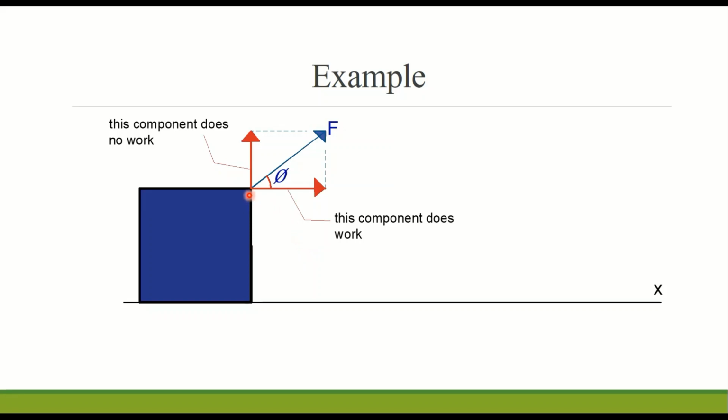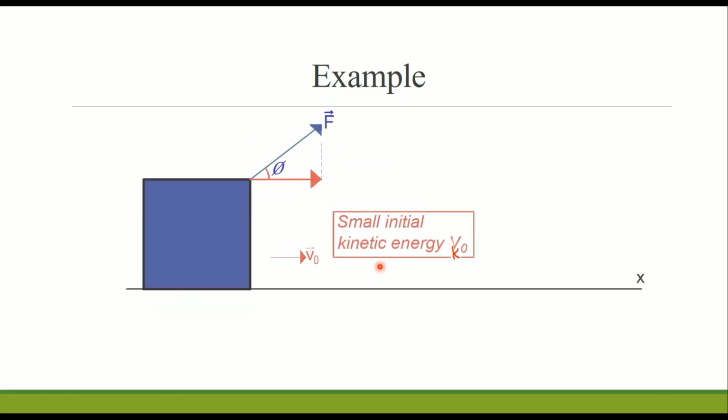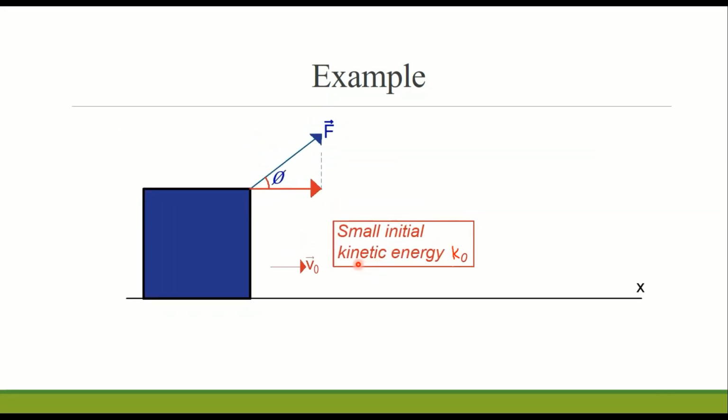Therefore, it is only the horizontal component of force F that does the work and initiates motion along the x-axis. The component mentioned earlier, F cosine of phi, initiates the object's movement, propelling it with a small initial velocity. So its kinetic energy is small too. At this stage, the cubic box has an initial kinetic energy of 1 over 2 times m times v0 squared, referred to as K0.